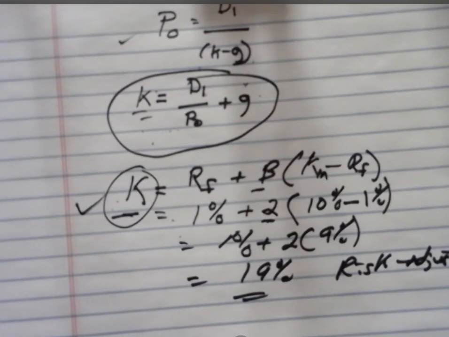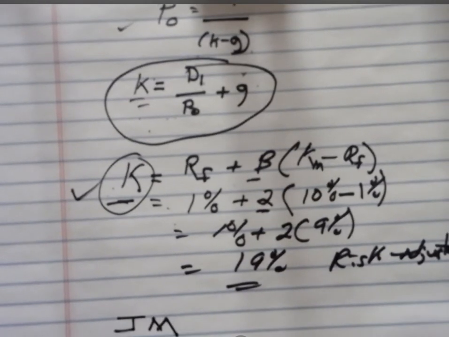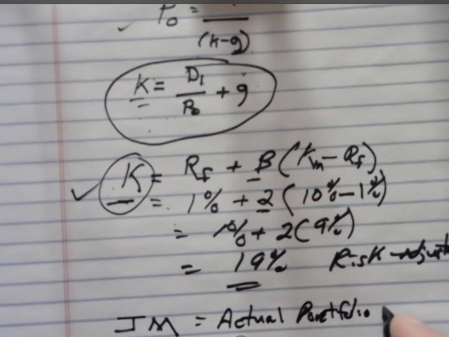Here what I'm going to say is our so-called Jensen measure would be equal to the actual portfolio return minus the risk-adjusted rate of return, what we calculated, K. So I'm just going to throw the figures out.